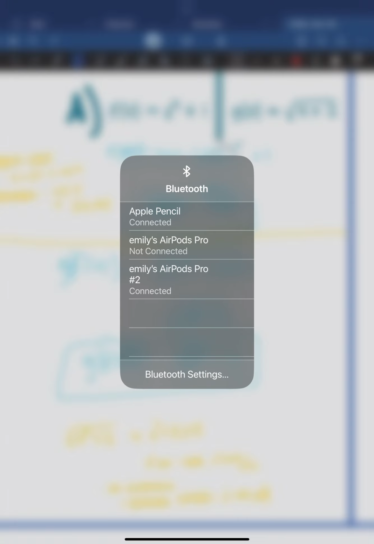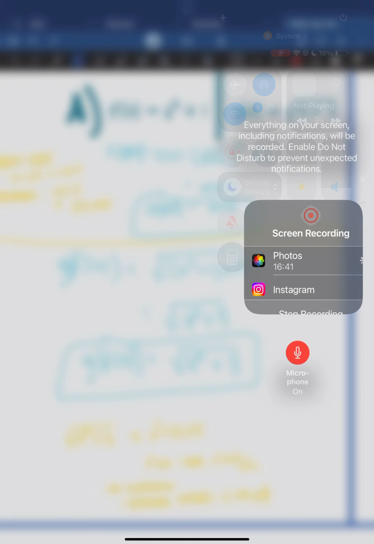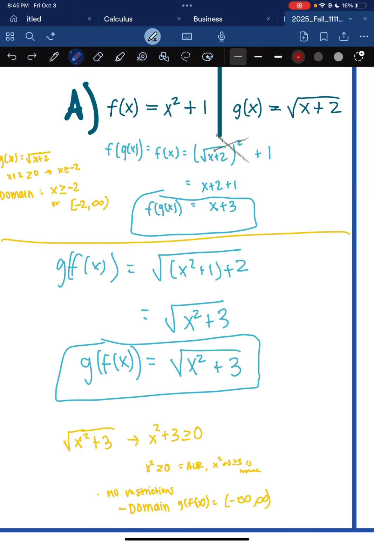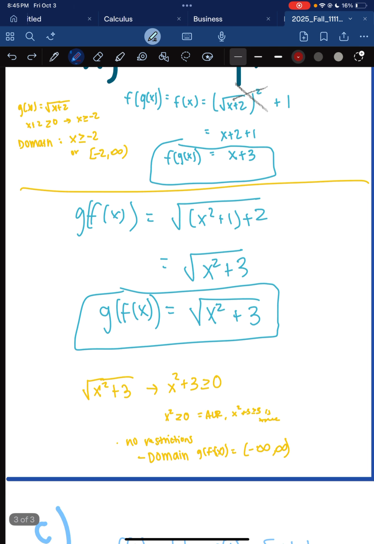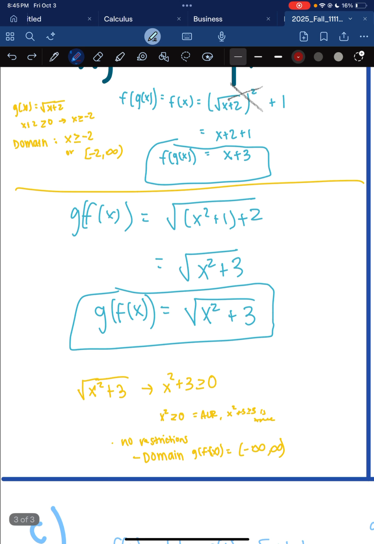So we plug that in, and we get x squared plus 3 under the square root, which is our final answer. We can't really simplify it from there.